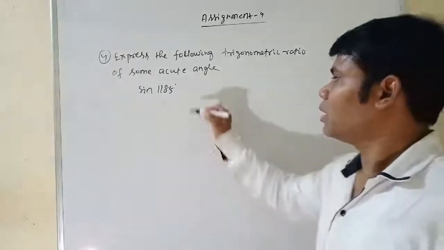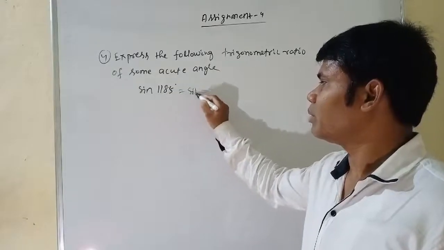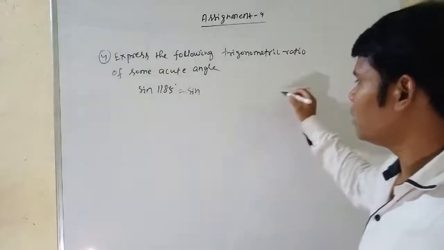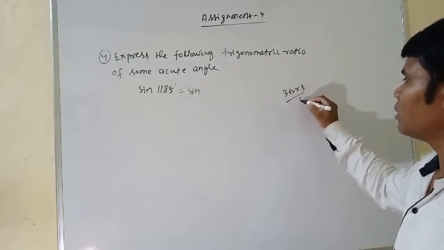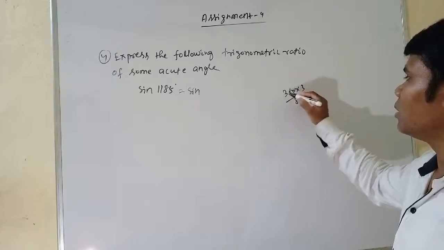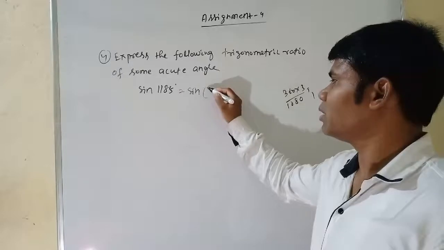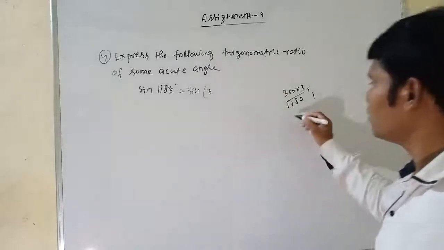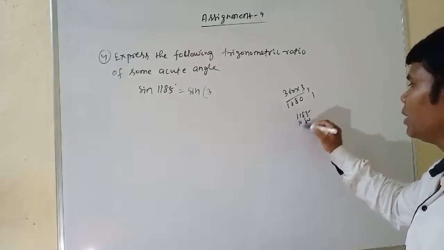Okay, you see sine 1185 is equal to sine, you see 360 into 3, how much? 1080. Here you see 1185 minus 1080 is equal to 105.